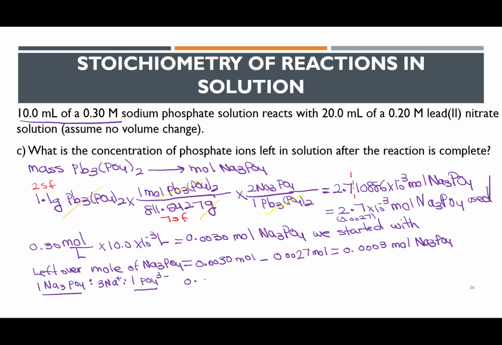So you want to convert the moles of sodium phosphate to the moles of phosphate ion, which is 1-to-1, so we get the exact same.